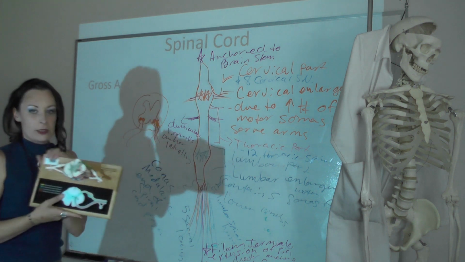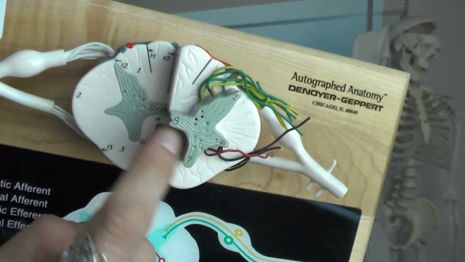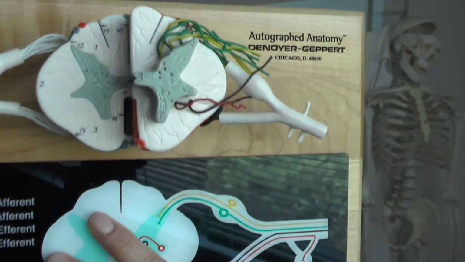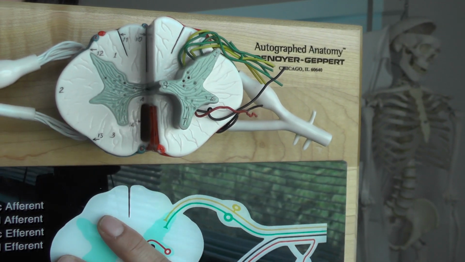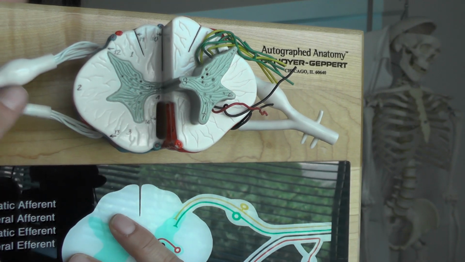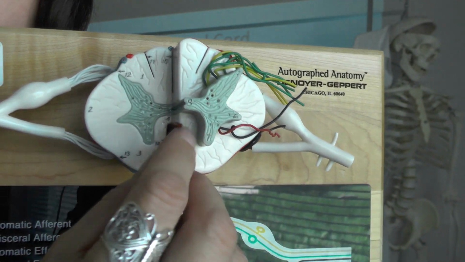So if we look at the spinal cord, we said that our gray matter is deep to our white matter. And our white matter is going to have these tracts of myelinated neurons that are ascending and descending the spinal cord to bring information to and from the brain. Right here we have all of this gray matter.